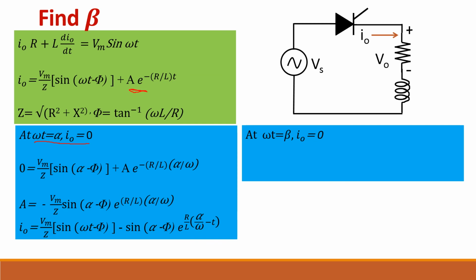You substitute this and you will get the I naught equation. Then apply another boundary condition at omega t equal to beta, I naught is 0. You simplify and you get this equation. You solve this equation to find beta. This is not easy to solve, so you can use a computer to solve this equation and find the value of beta.